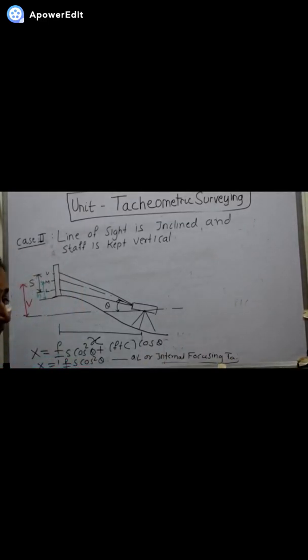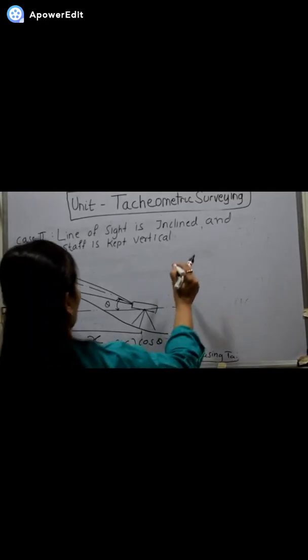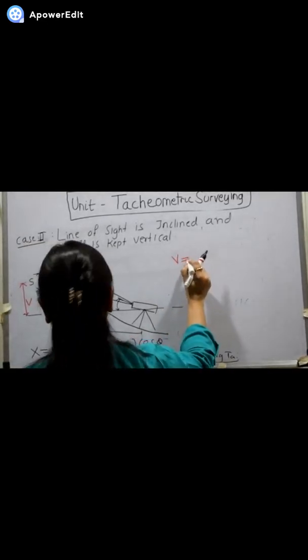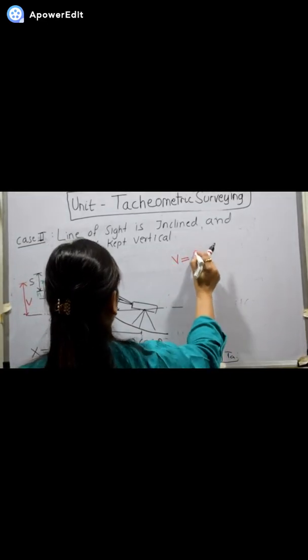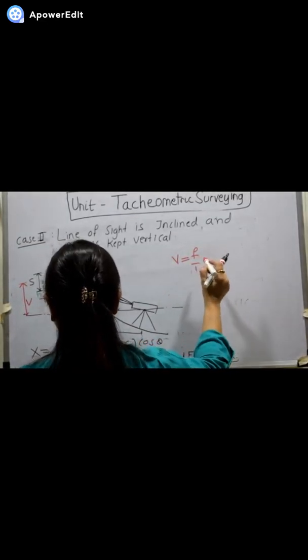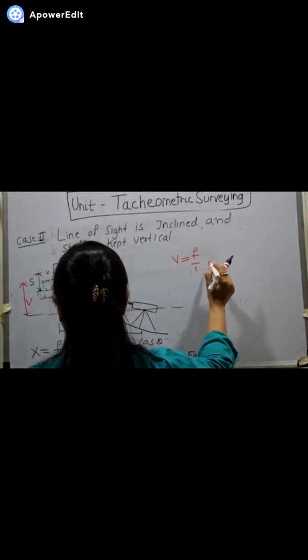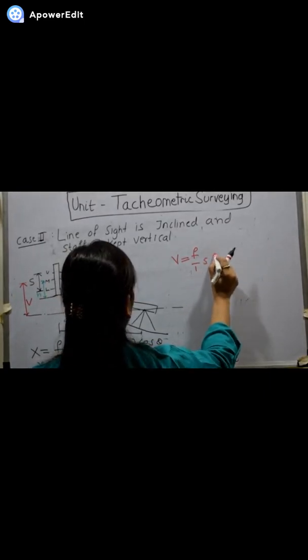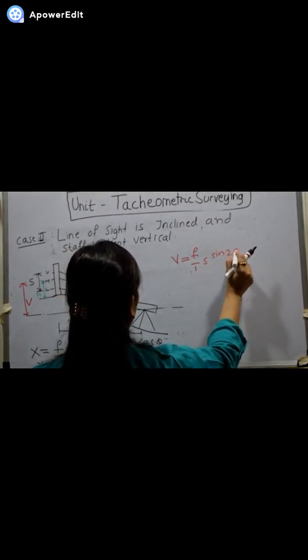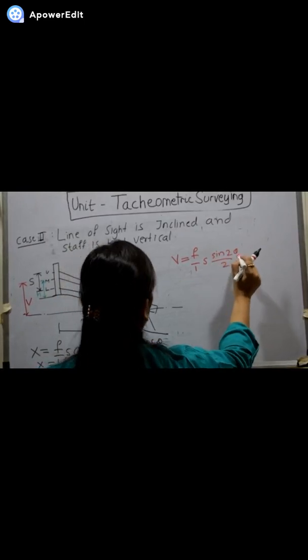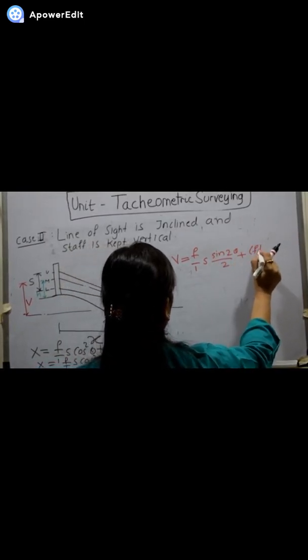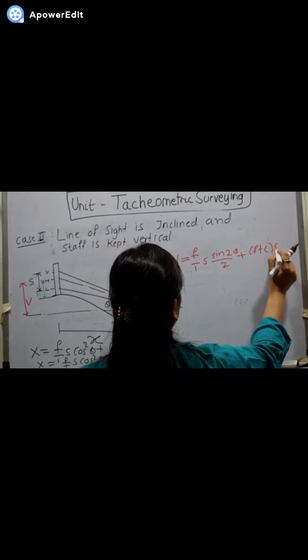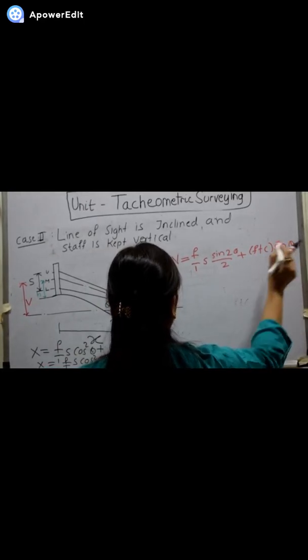Now the vertical distance is given by the formula V is equal to F by I S sine 2 theta by 2 plus (F plus C) sine theta.